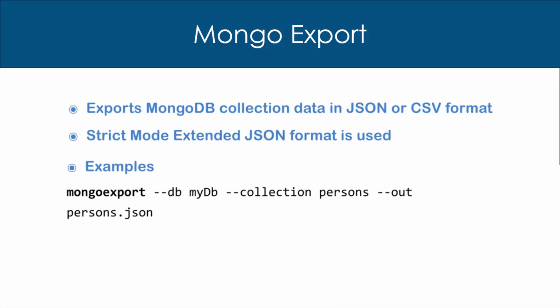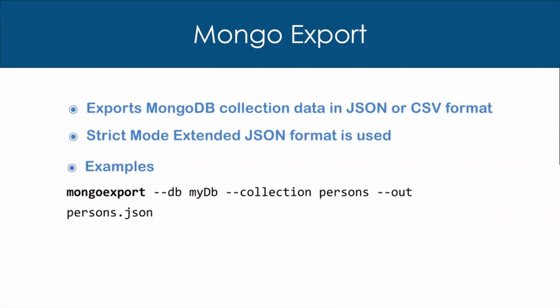Then we use --db, that is the flag, and we pass the database name, followed by the collection flag, and then we pass the name of the collection, and finally we use the out flag and then pass the name of the file you want to create as a JSON file.